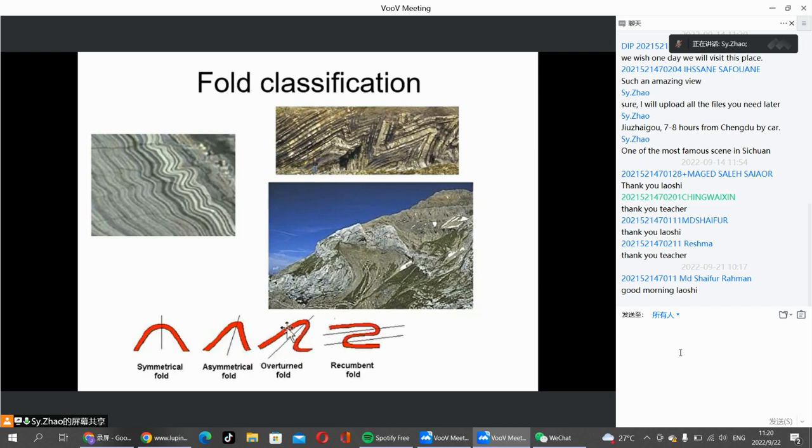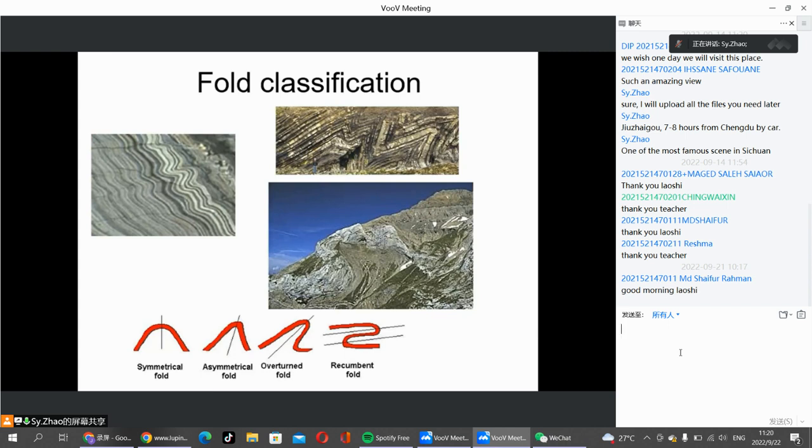So if we saw this without the top portion of this fold, we just walk like this. If we could find some repeated rocks, if we walk here, we need to remember that if the middle rock is the oldest one, we can be sure to identify it as an anticline of the fold.